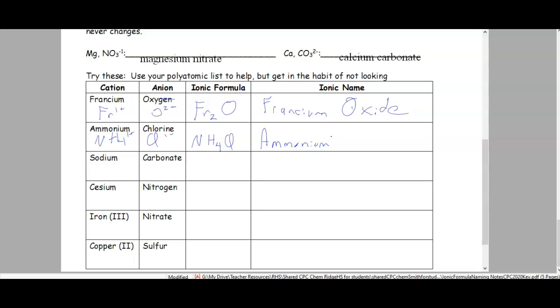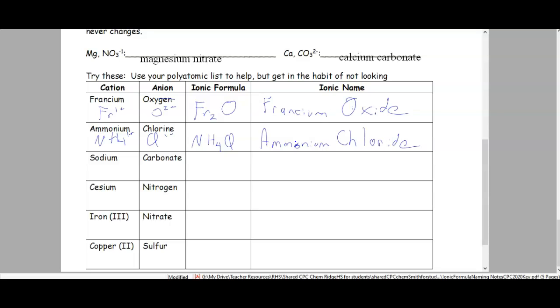And Cl, chlorine, INE, becomes chloride. Ammonium chloride. They use this in cold packs. Francium oxide doesn't really exist. Francium's too radioactive to exist.